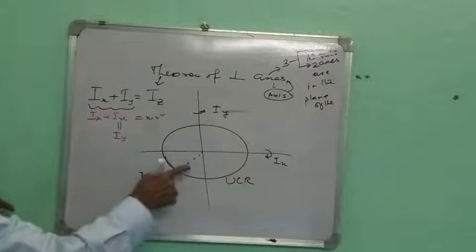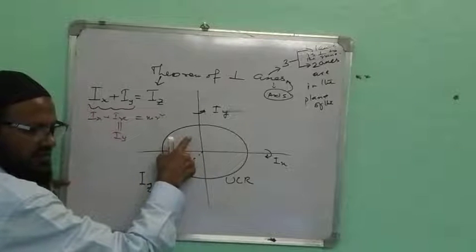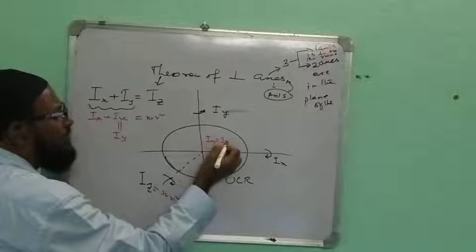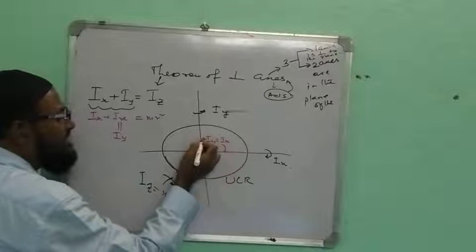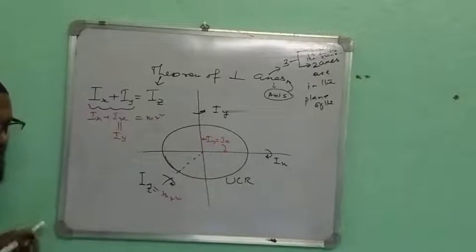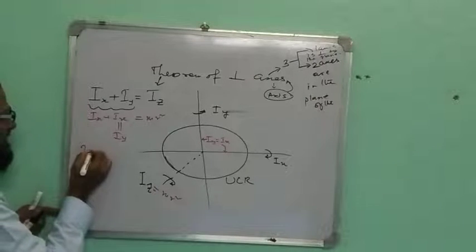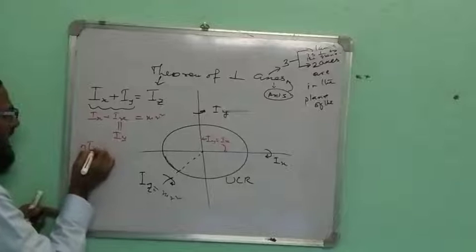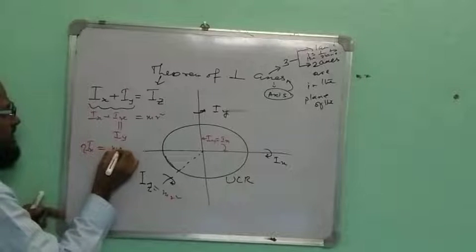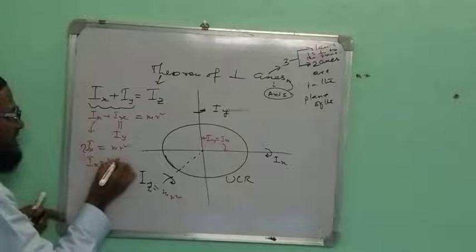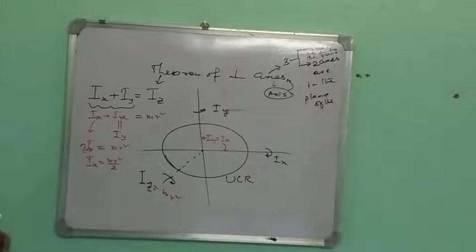diameter. This is a diameter, this is also a diameter. Here Iy equals Ix. These are the two diameters, identical diameters. In that case, 2Ix equals mr square, and Ix equals mr square by 2.